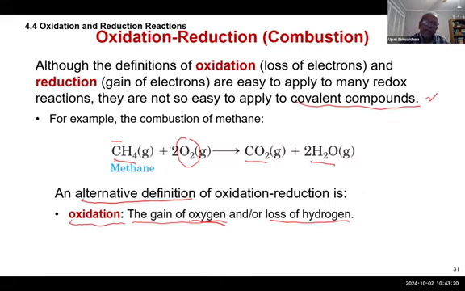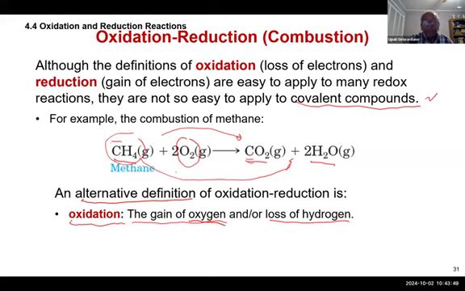So in this case, this compound carbon gains oxygen, this is oxidized. This is gain of oxygen.